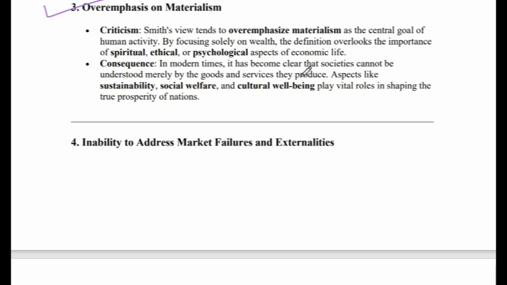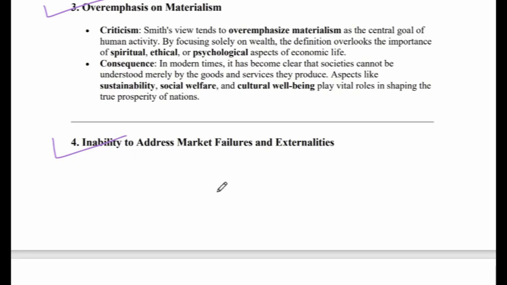In modern times, it has become clear that societies cannot be understood merely by the goods and services they produce. Aspects like sustainability, social welfare, and cultural well being play vital roles in shaping the true prosperity of nations.